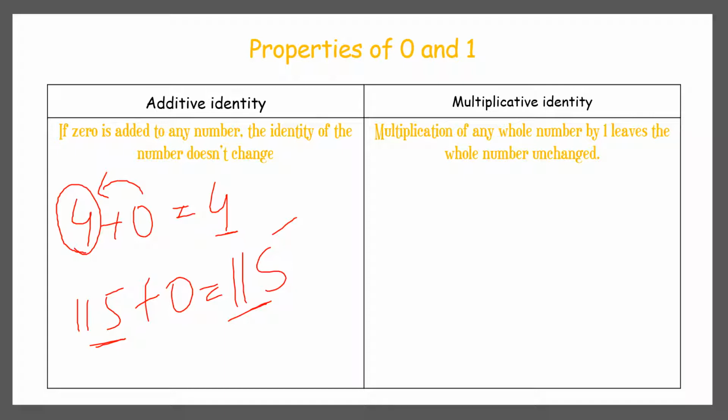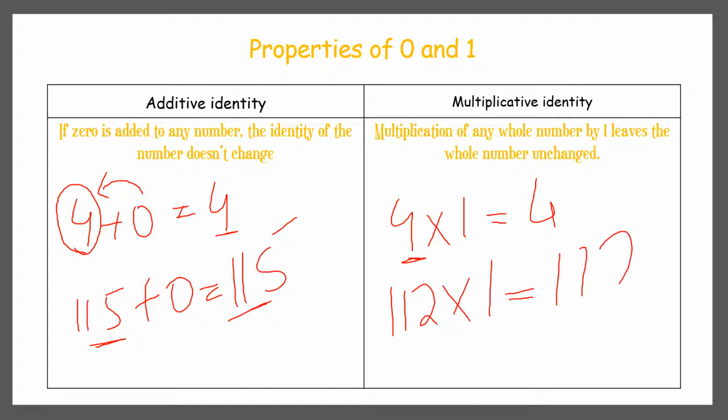Okay, now what is the multiplicative identity? Multiplication of any whole number by 1 leaves the whole number unchanged. It means that whenever we multiply a number by 1, this number remains unchanged. Similarly, if I multiply 112 by 1, what do we get? We get 112.